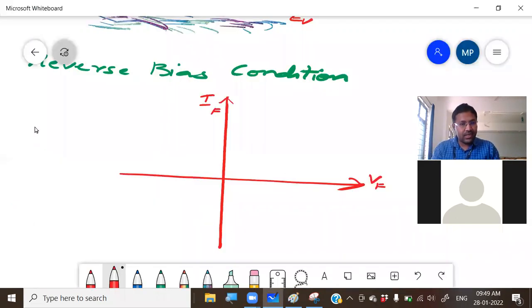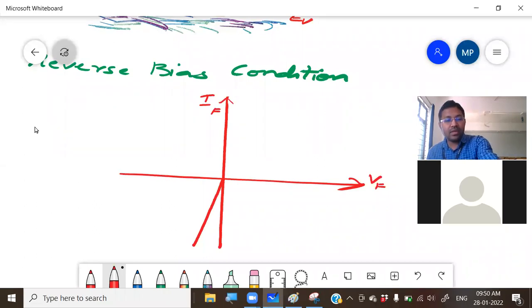As a result, the current will keep on increasing. These will be the characteristics.